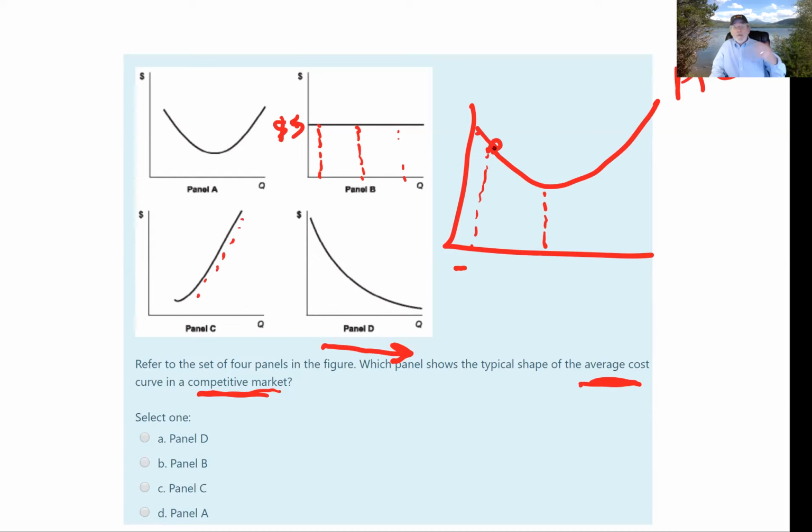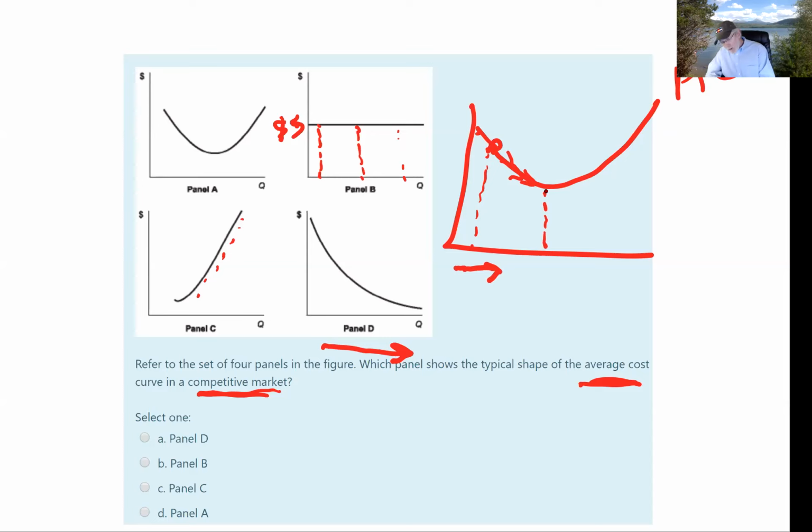Every firm is going to have some fixed cost, and so if they're only producing 1 unit of output, their average fixed cost is going to be very high. As they expand and produce more, their average cost tends to go down because they're spreading that fixed cost over a larger number of units.